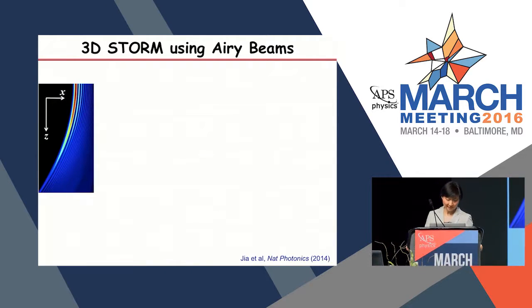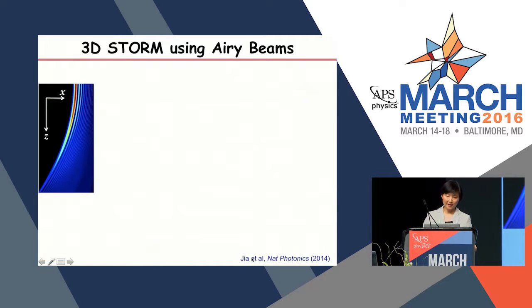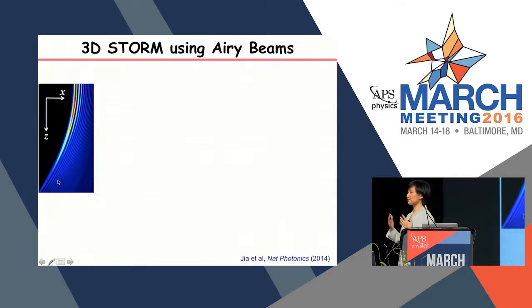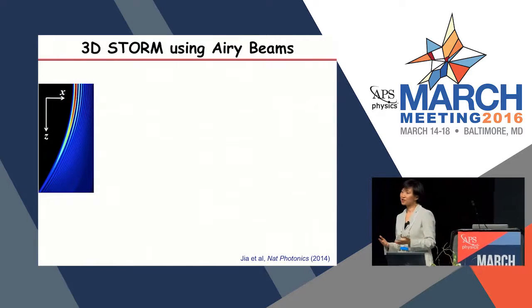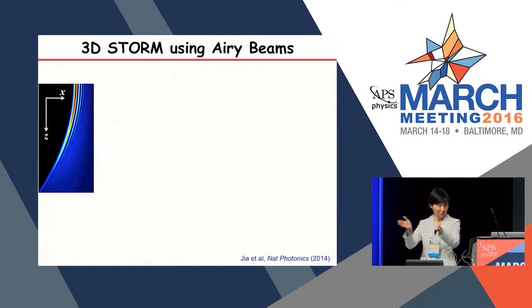And that was brought into the lab by this very clever postdoc, Xu Jia, who studied this waveform in his PhD. He educated me, telling me that this is a non-diffracting wave, just like the Bessel beam, meaning that it doesn't expand a whole lot when it propagates.